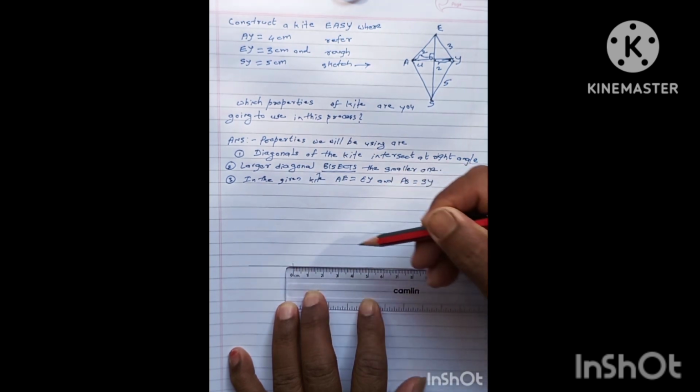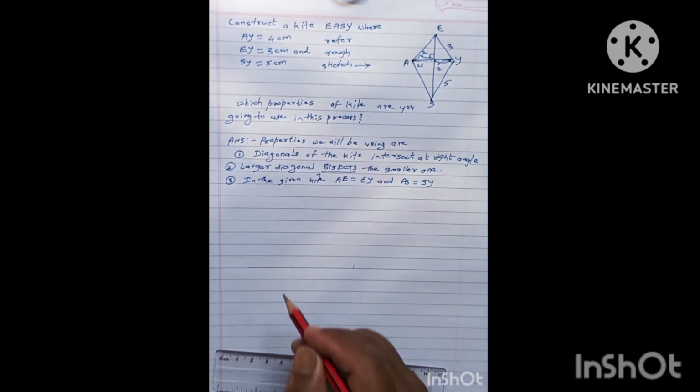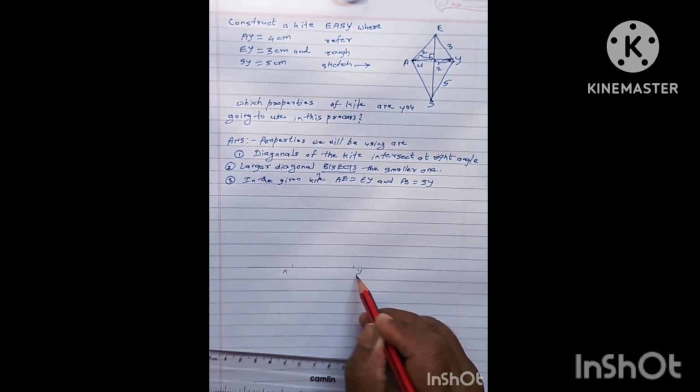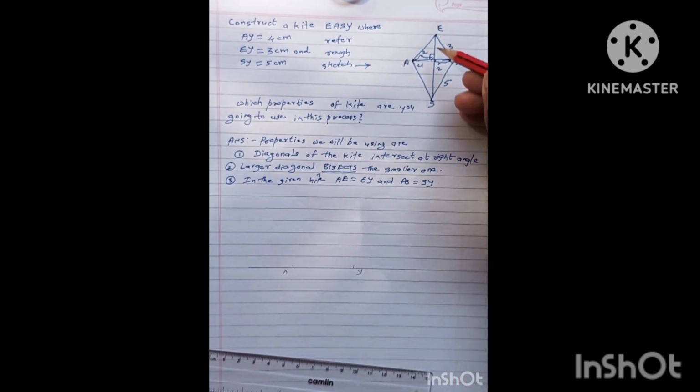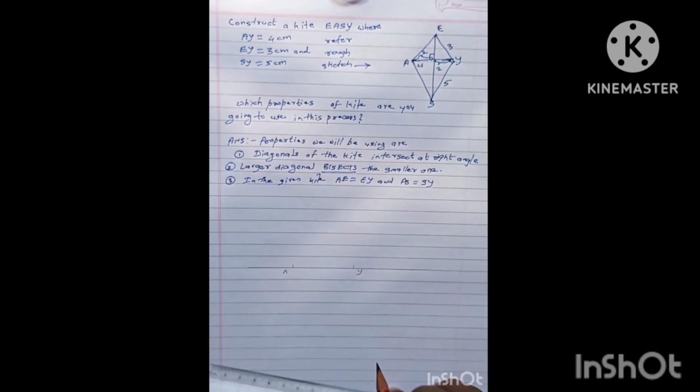So this is 0, this is 4, that is we have drawn AY. Remember, go step by step. Now if you draw a perpendicular bisector to this, then that will be the other diagonal.